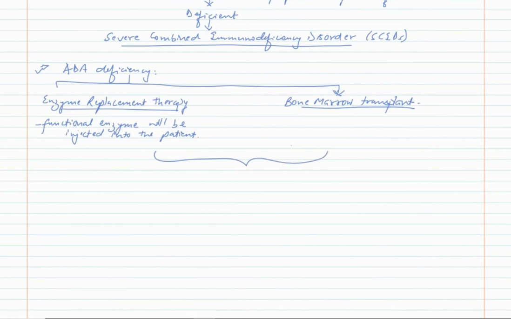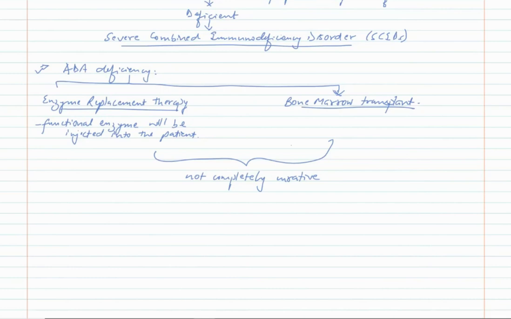However, the problem with both these approaches is that they are not completely curative. Why? Because in enzyme replacement we will have to replace the enzyme again and again, and in bone marrow transplantation the results are not very satisfying.